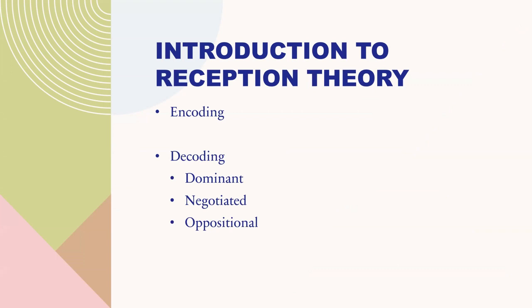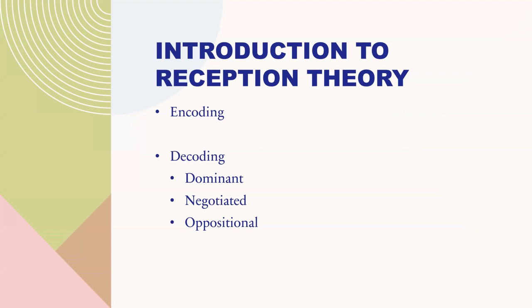So there's the encoding portion. What this entails is what the author or artist or whoever is creating this type of media is actually doing to encode the message they're trying to portray with their source of media.